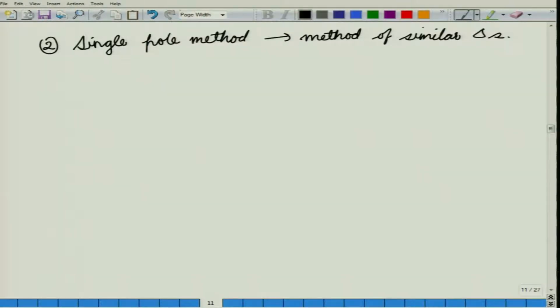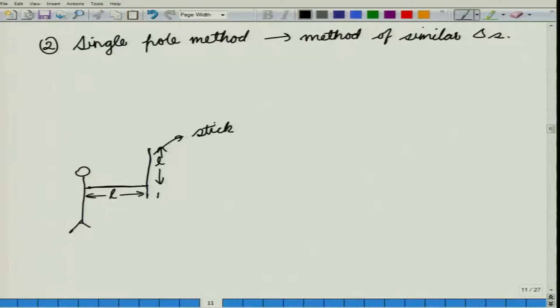In the single pole method, we have an observer who extends his arm and then holds a stick in such a way that the length of his arm and the length of the portion of the stick that is above his arm are equal. Suppose this is our observer, this is his arm and he is holding a stick.